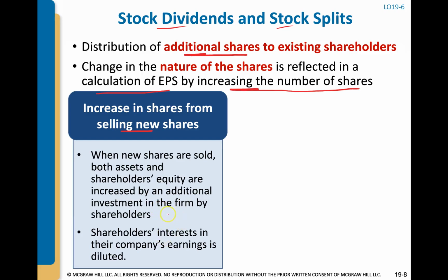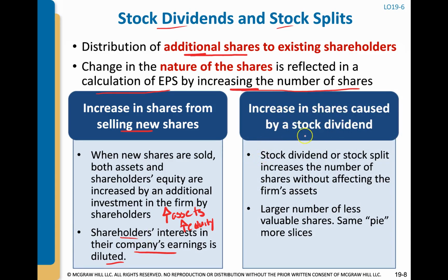Basically, when we sell shares, we increase our assets, with a debit to presumably cash, and we increase our equity because we credit common stock and paid-in capital in excess of par. When we sell new shares, the existing shareholders' interest in the company's earnings is diluted, because now there are more shares to split the same amount of earnings.